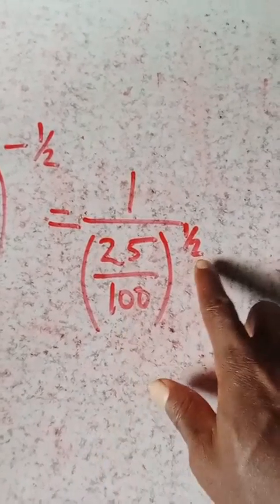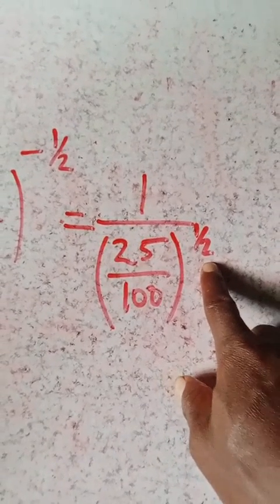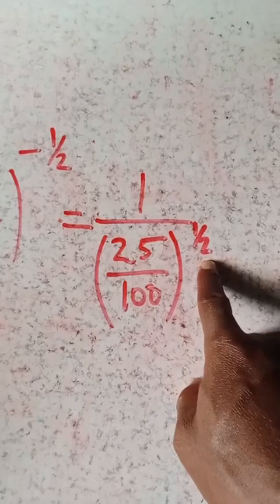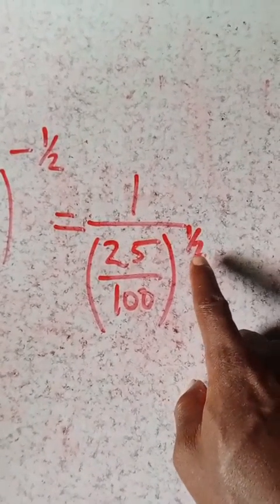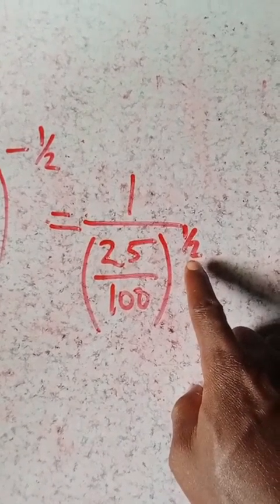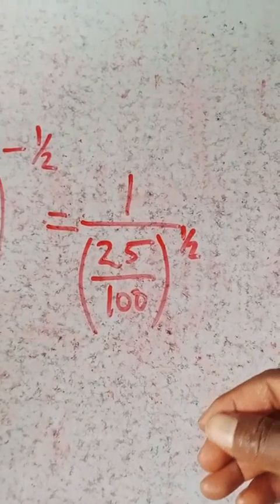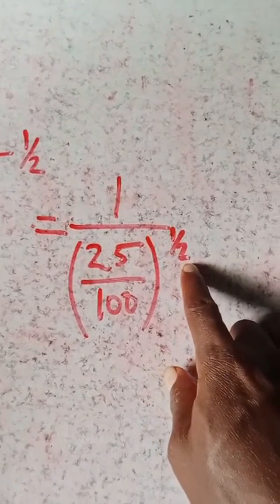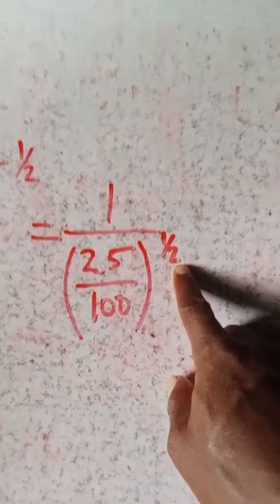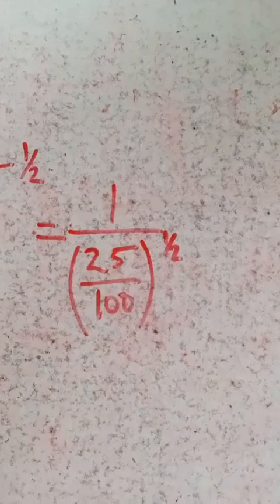The base is having a power, and the power is 1 over 2. In the laws, whenever the power is a fraction, the denominator of the fraction will form a root. Is that not true? Check the laws.